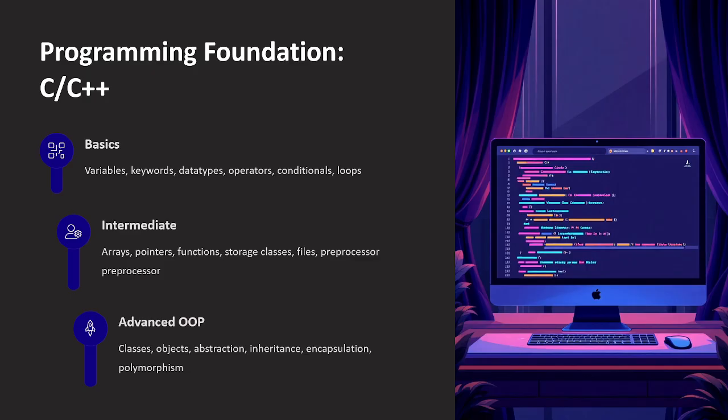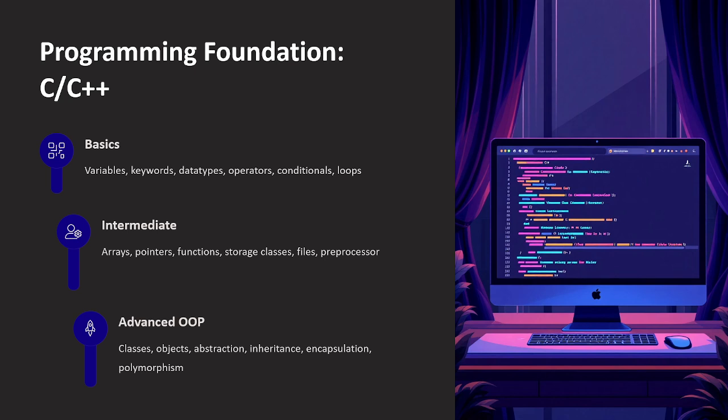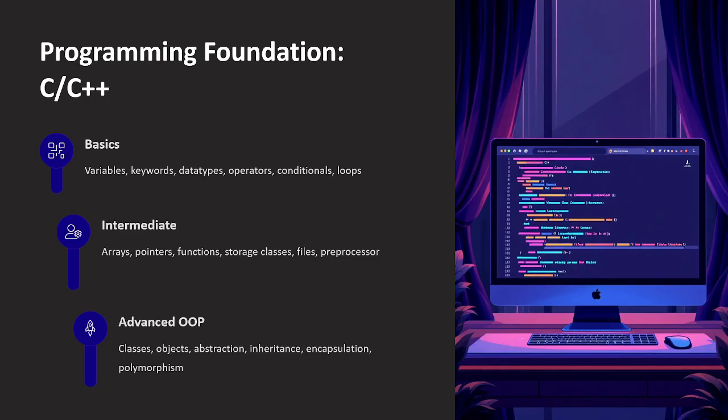And how will the sensors work? These are sensors, but they need some instructions to work. By using coding, we give instructions to the sensors. Coding has basic, intermediate, and advanced levels, but now we are using C or C++ coding. In this project, we use C language coding.